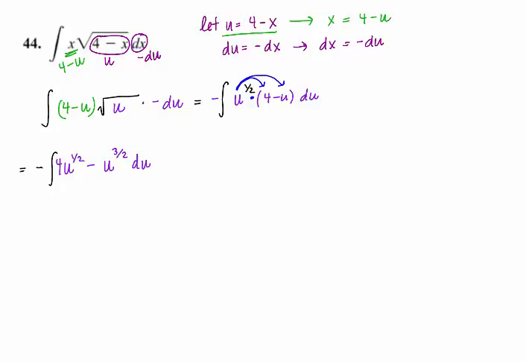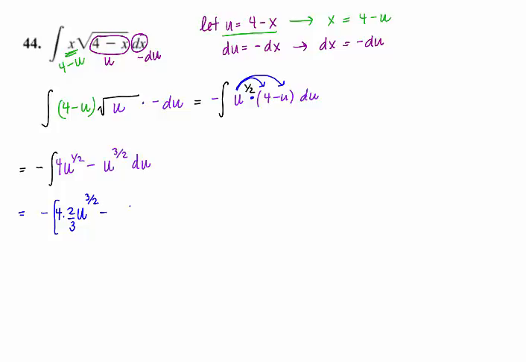So now, finally, everybody's in u. We have one variable, we have term by term. Now we can apply the reverse power rule, if you will. This is the negative. Let's find the antiderivative of 4u to the 1/2. U goes up a power from 1/2 to 3/2, multiplied by the reciprocal 2/3, and remember there's still a 4 as the constant out there.